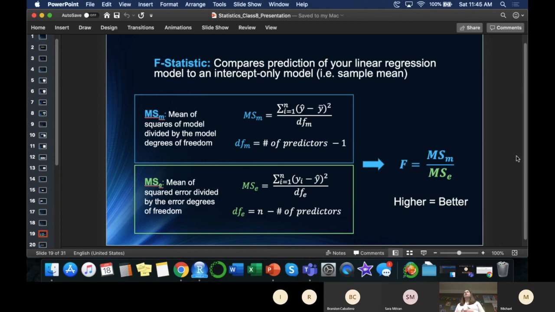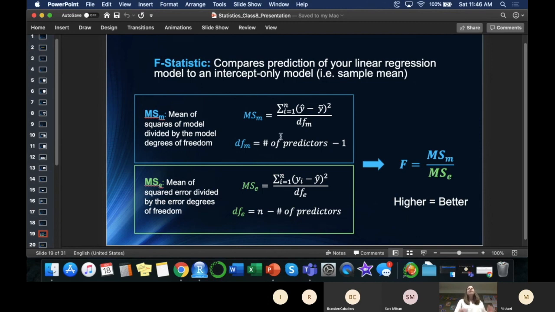I think it's around 3,100, whatever the number of counties is in our data. So essentially, in this case, it would be 3,100 minus the number of predictors. We have one predictor, so in that example it would be 3,099.